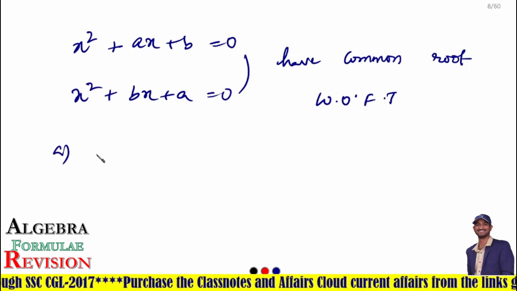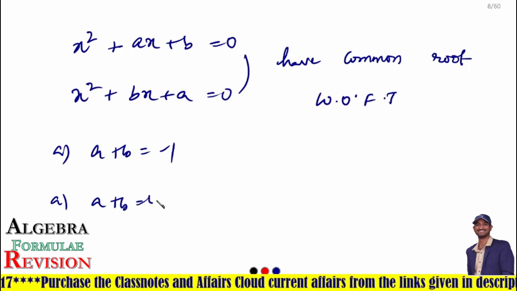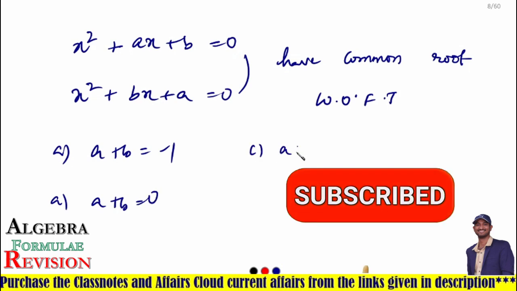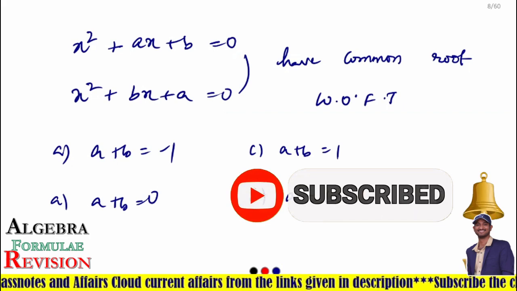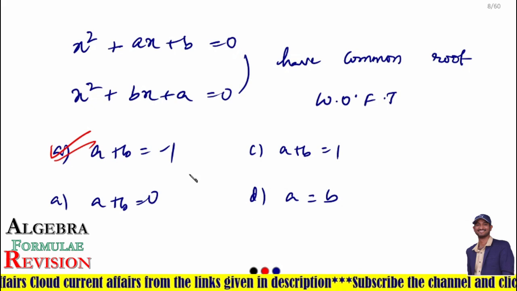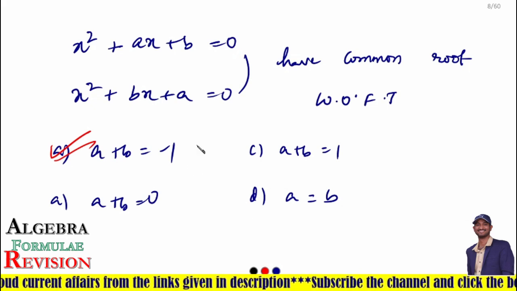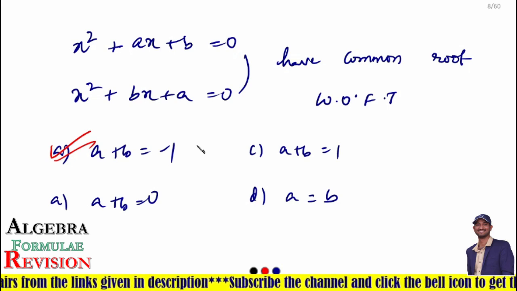In the options it would be like this: a plus b equal to minus 1, a plus b equal to 0, a plus b equal to plus 1, and a equal to b. Like this we have four options, and which one is correct? First option is the correct answer. So without solving anything, if you remember that formula, you can easily solve this.